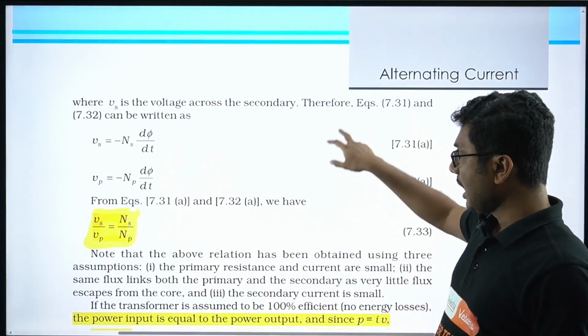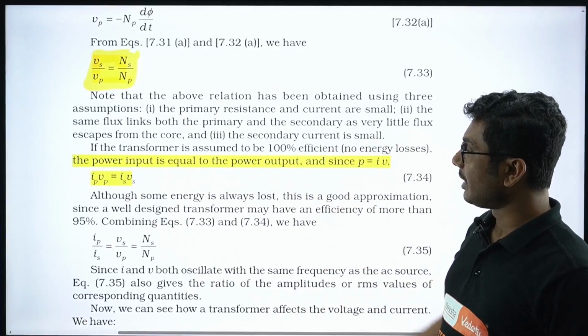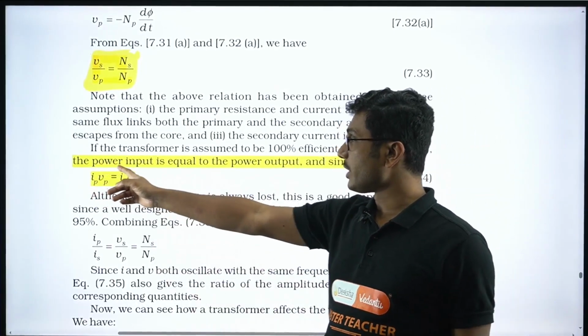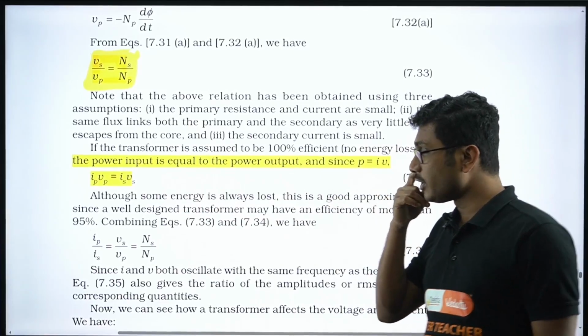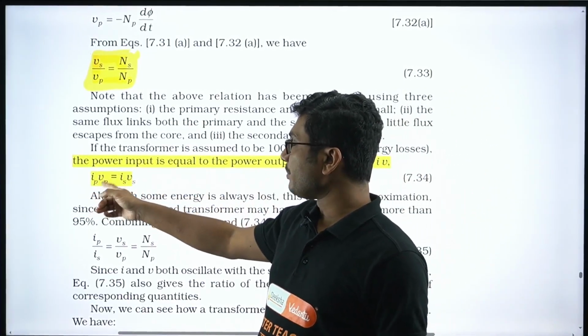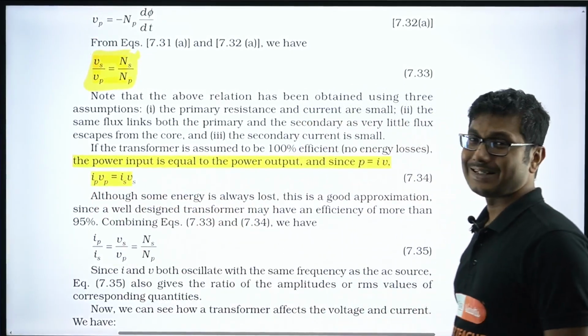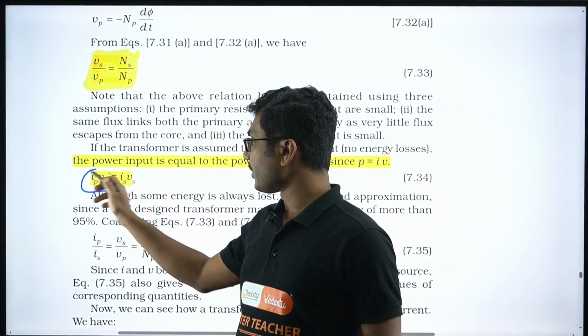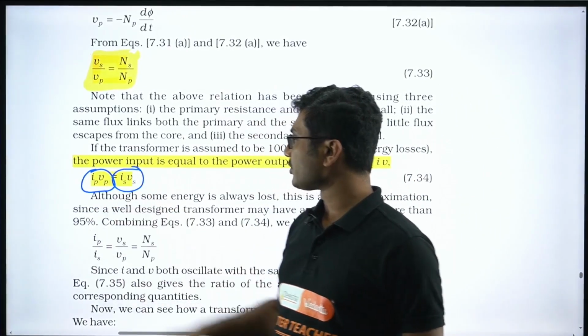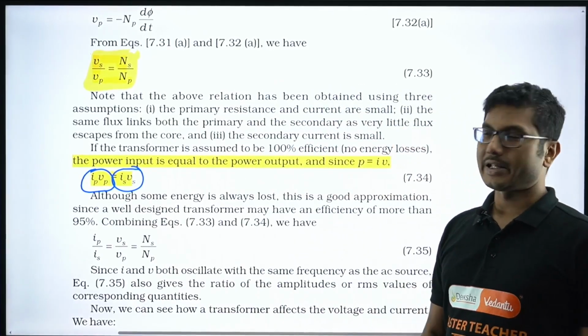Easy to remember. Also, in case of an ideal transformer, the power input is equal to the power output, and since P is equal to Vi, we can write Ip into Vp is equal to Is into Vs. This is the power in the primary, this is the power in the secondary, they have to be equal in an ideal transformer.